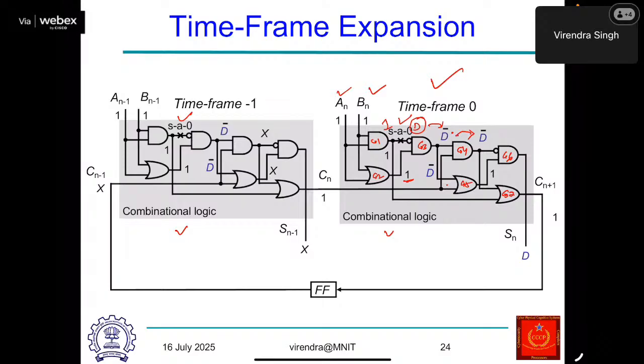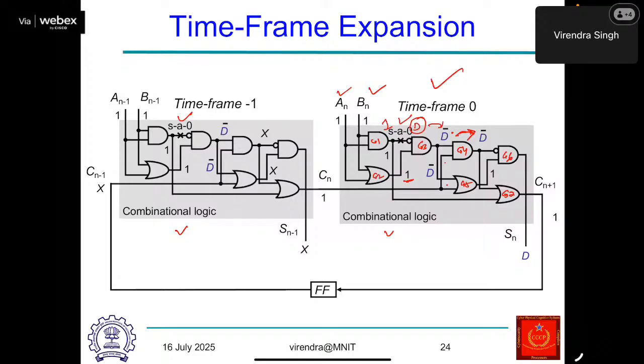If I pick this particular path, because this is a non-inverting gate, D bar will propagate to the output as D bar, provided that the other input of this gate is a non-controlling input.